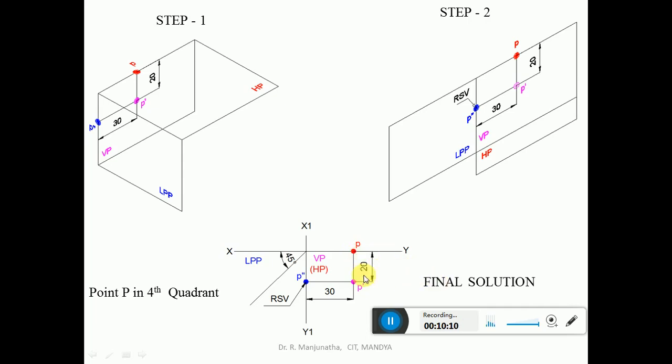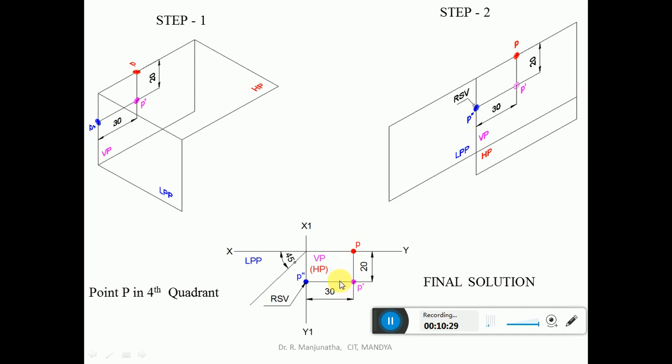And when you look from the right side view, you can see the distances of both the front view as well as the top view, and on the line where you have the front view, you are going to get the side view. So when you look from the right side view, the distance below HP which is seen in the front view is transferred.